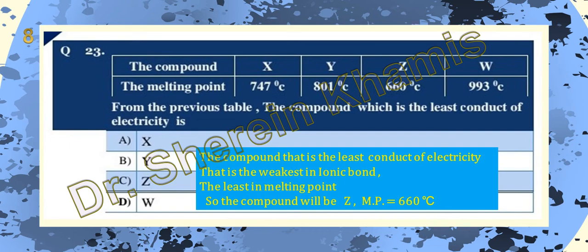So if we have an element or compound that has a low melting point, it will be the least one in conducting electricity. The element Z is the right answer.